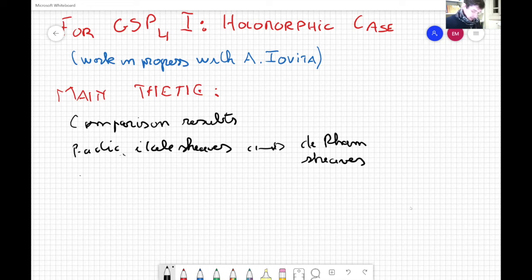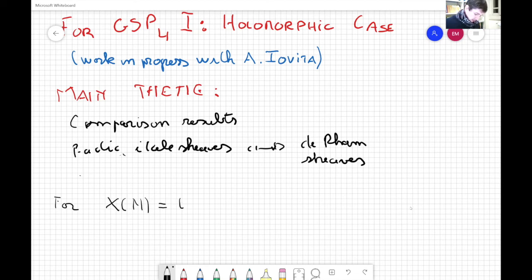In those cases that we treated with Glenn and then with Adrian, we dealt with the modular curve. Here, apologies for the different notation from what Vincent and George used so far.